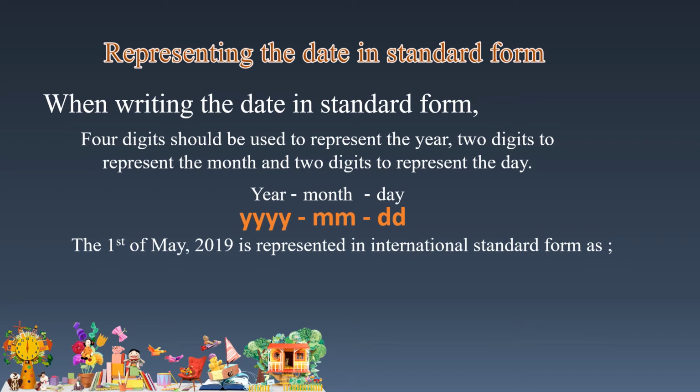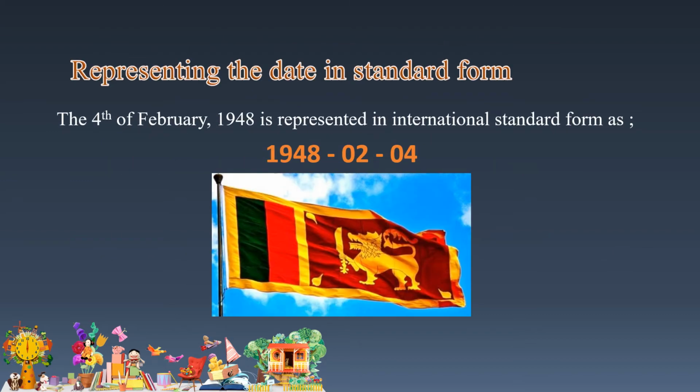So we'll go for an example. The 1st of May 2019 is represented in International Standard Form as 2019-05-01. When you see the national flag, what comes to your mind?